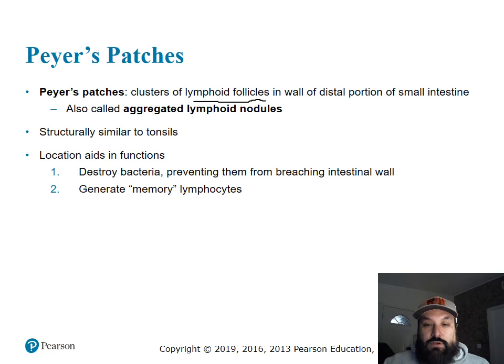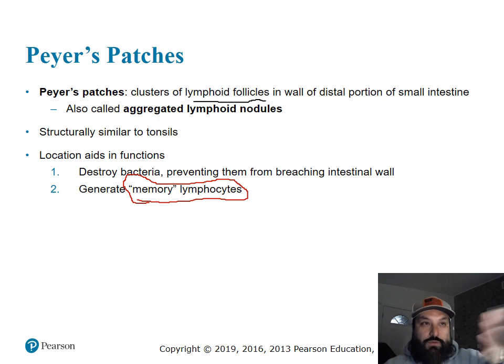And then, very importantly, this is kind of what we see there, right? They generate memory lymphocytes. They memorize, in fact, what particular pathogens they've encountered presently and in the past, which is also really awesome, because when we memorize what potential pathogens we've encountered in our body, we mount a response to them.